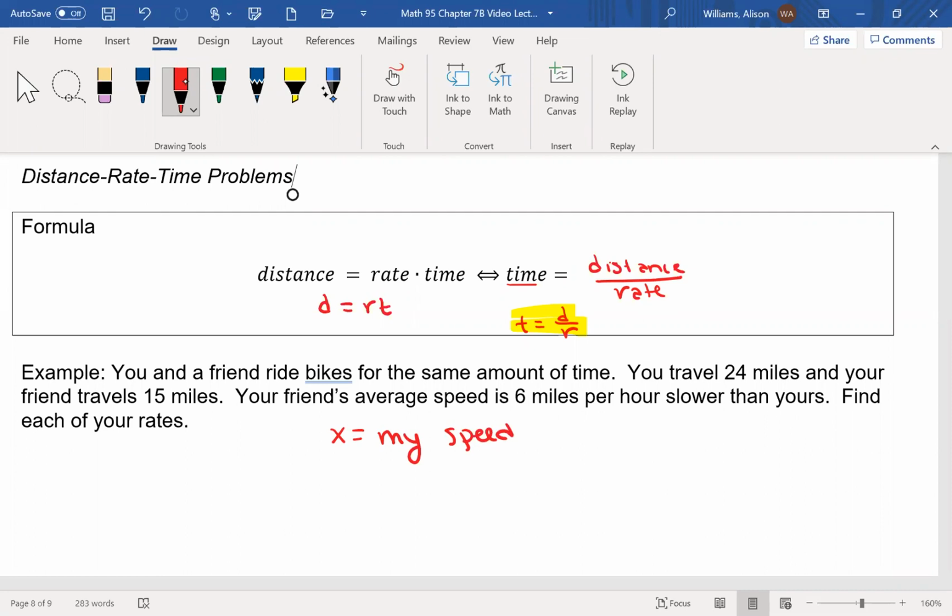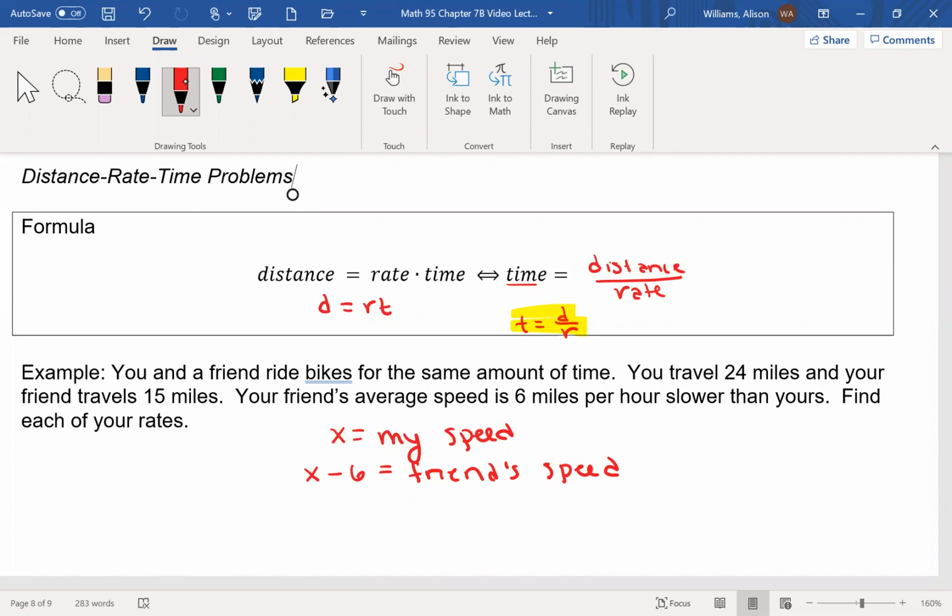So my friend is 6 miles per hour slower than me. So that would mean that whatever my speed is, I'm subtracting 6. So that would be my friend's speed. All right. So there are my variables.